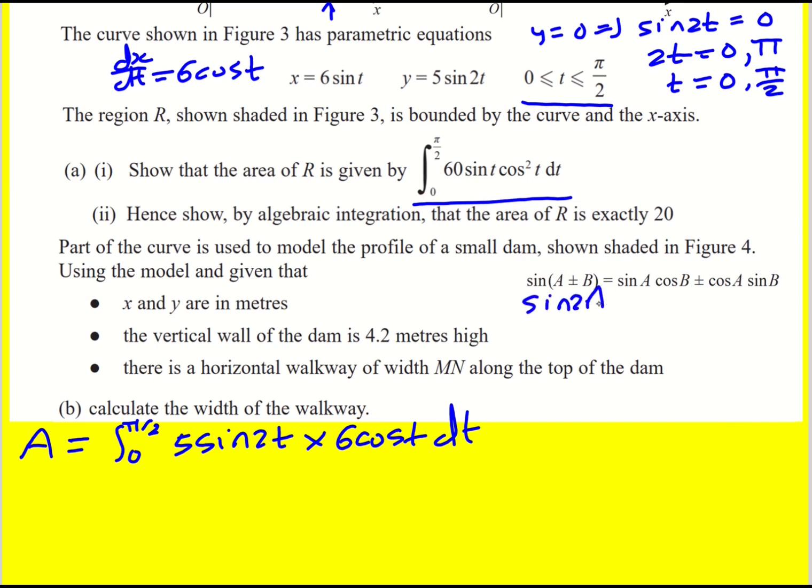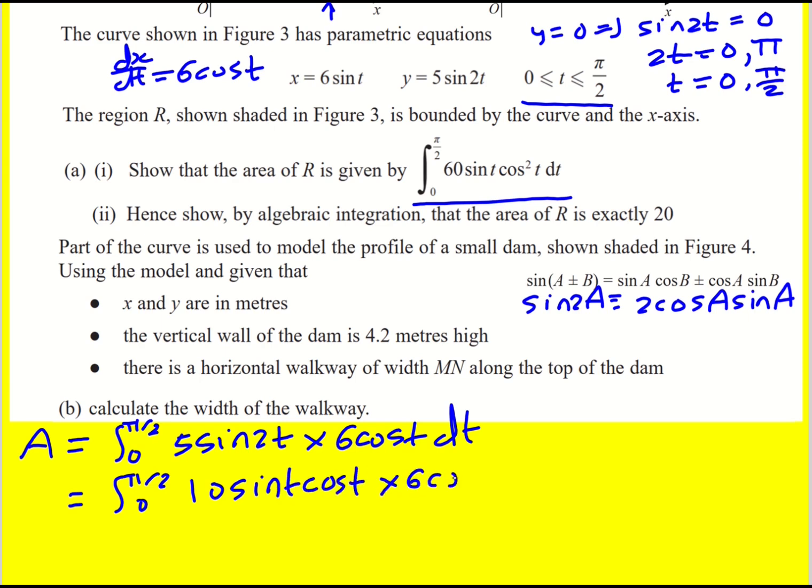So sine 2a is sine a cos a plus cos a sine a. That is exactly what I just said. So it's going to become the integral from 0 to pi over 2, and I'll change it to 10 sine t cos t times 6 cos t. And you can see the result follows: 60 sine t cos squared t.